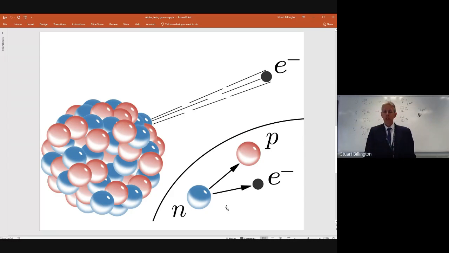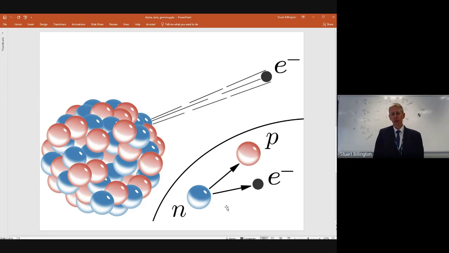So the nucleus is made up of protons and neutrons, and one of those neutrons turns into a proton. The byproduct of that is that it sends an electron flying out of the nucleus. And it's the electron that's the beta particle. We called it a beta particle when we didn't know what it was.